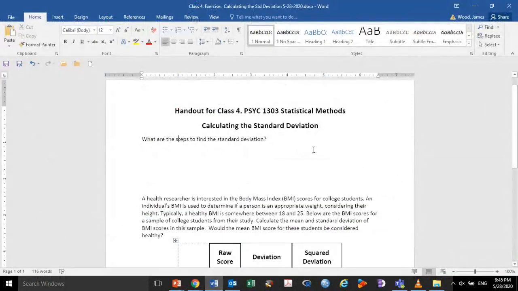Okay, here's a handout. If we were in a class, I would give you this handout and have you work in groups of 3 or 4 to work on the standard deviation. Now, if this is online, the way to do this is go to Blackboard and you'll find a folder there with handouts for the class.